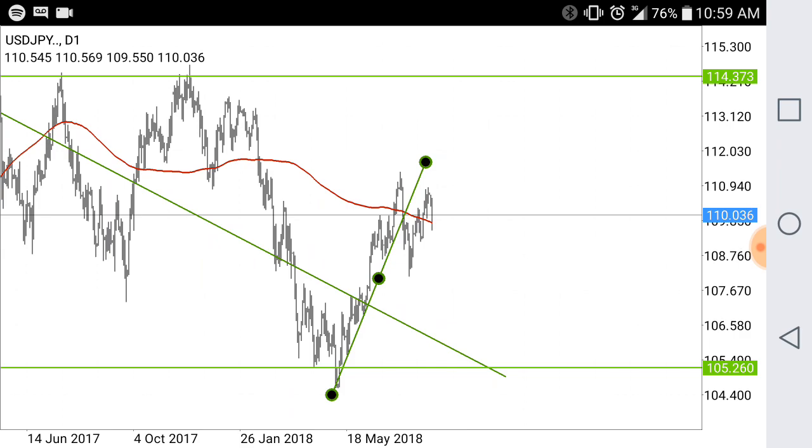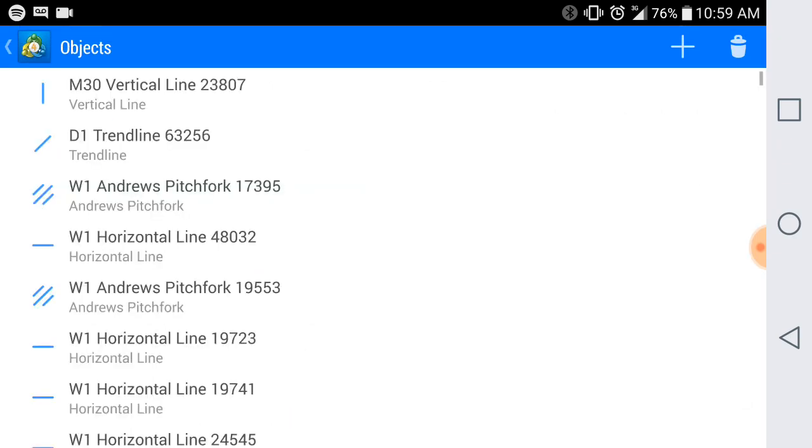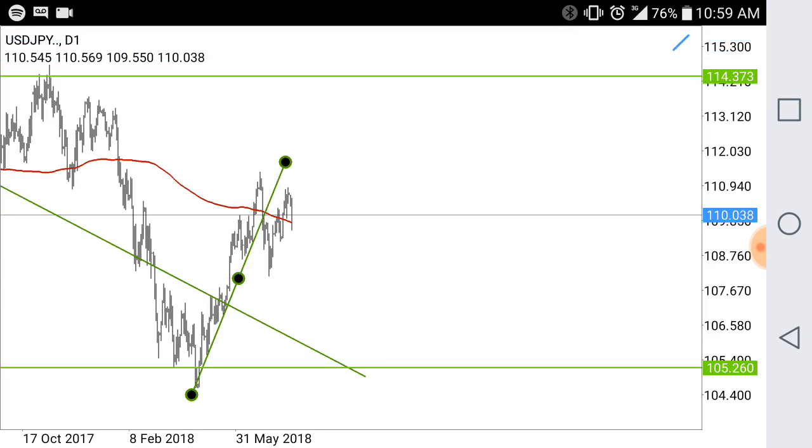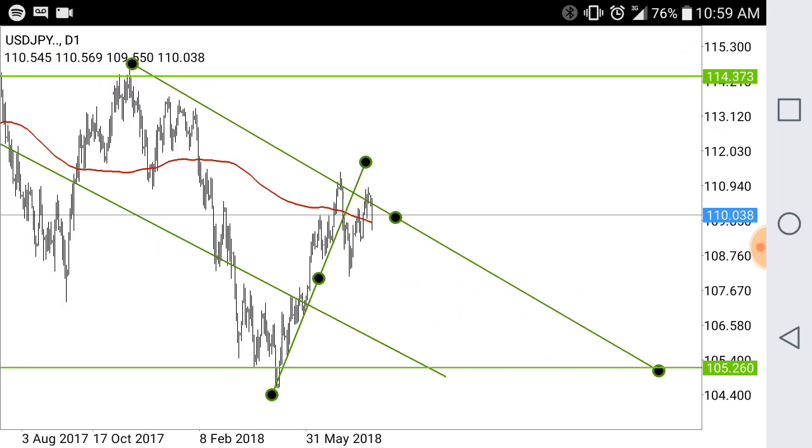Again, we have another downtrend in motion. It broke our uptrend, we retested it, and now it's going down for a downtrend. It's also respecting a downtrend. Remember, we had a downtrend on the weekly, but now we also have a downtrend on the daily as well, guys. So let's line that up.